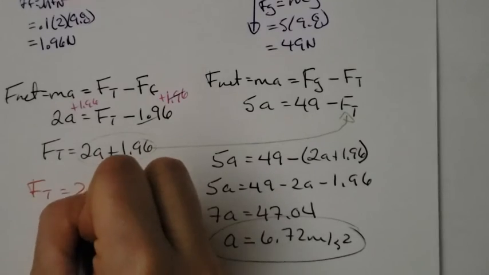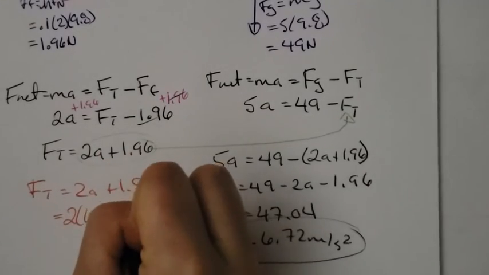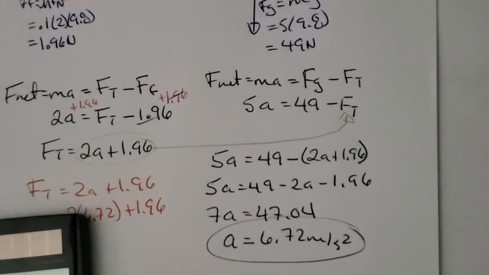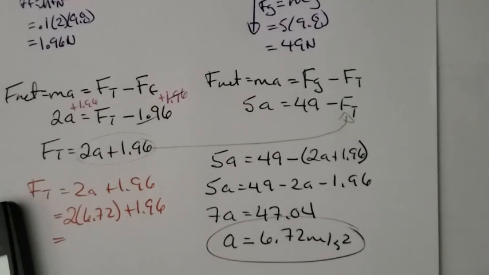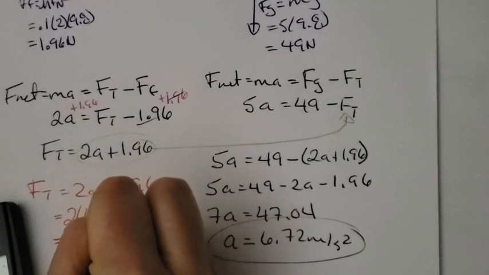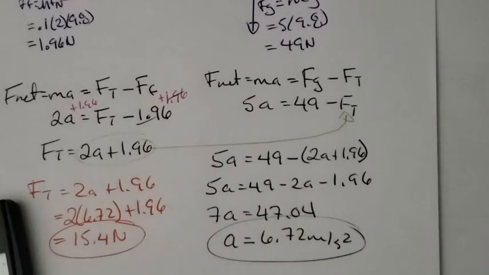So it'll be 2 times 6.72 plus 1.96. I put that into my calculator. And I get 15.4 is my answer.